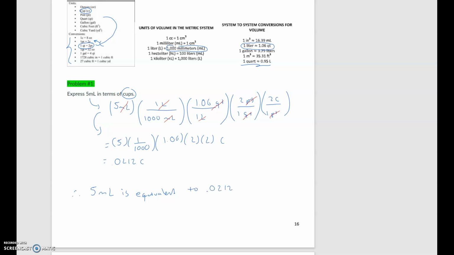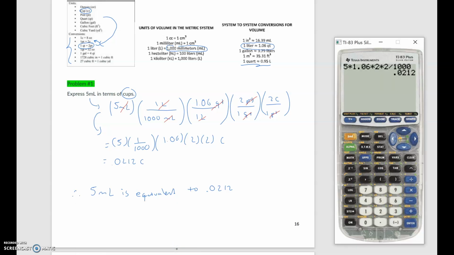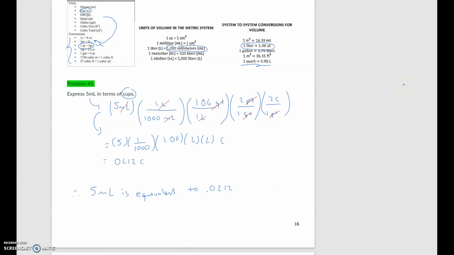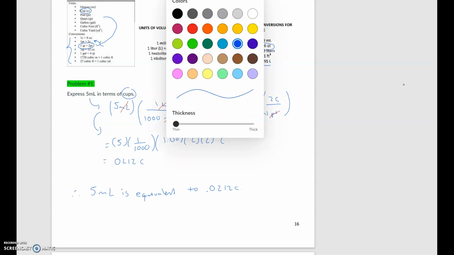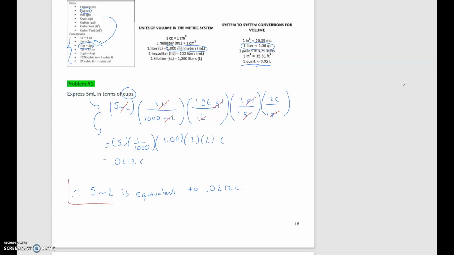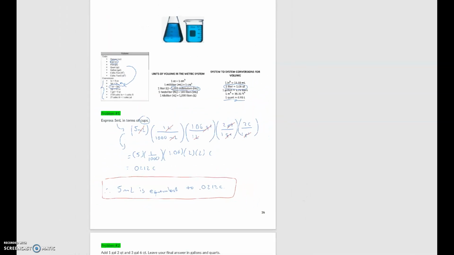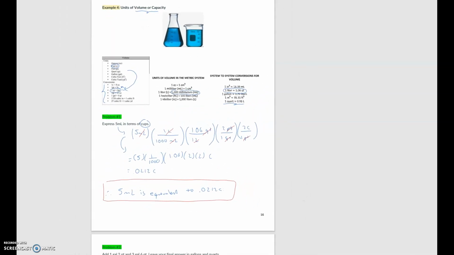And let me double check the number. 0.0212, and then the abbreviation is C for cups. That's actually it for this one. It was a little bit messy because of going from milliliters to liters and then to quarts and pints. But that's actually it for this one.